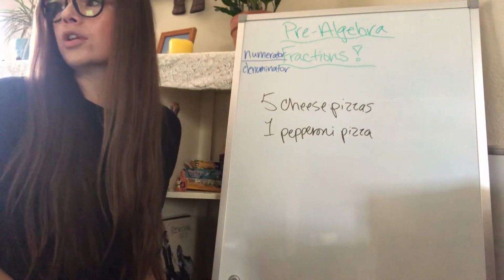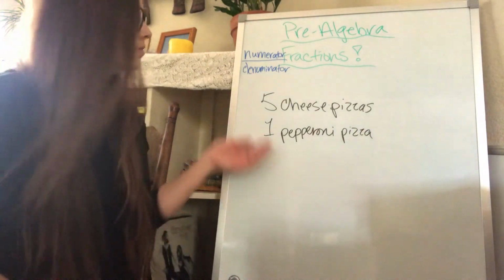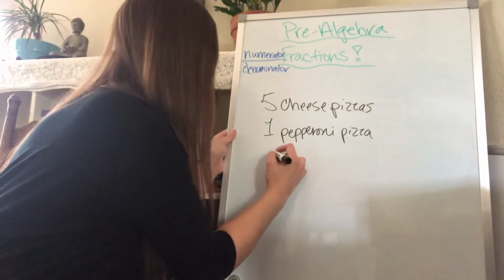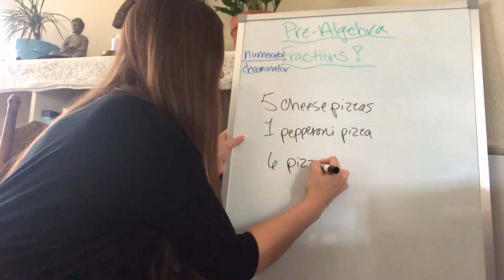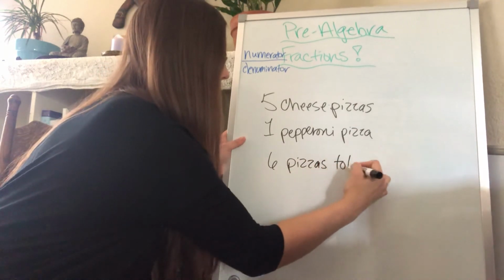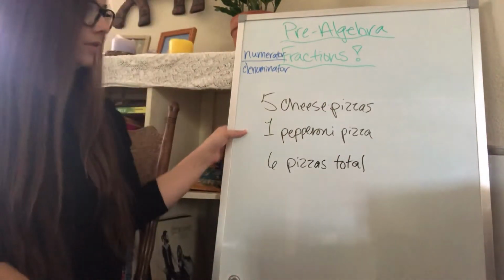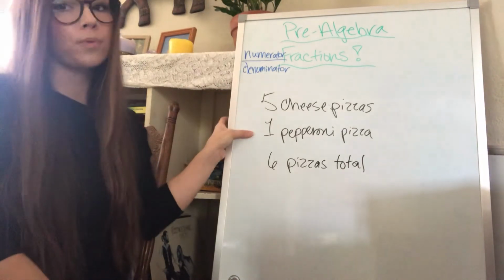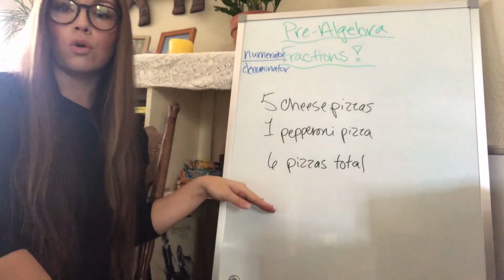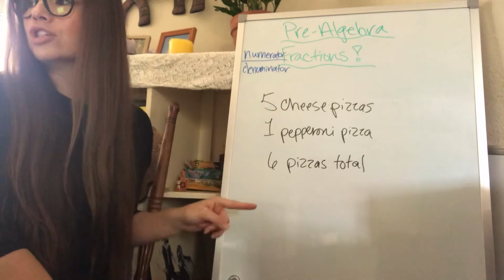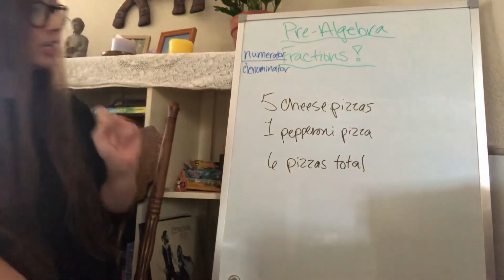So I ordered a total of 6 pizzas, 5 plus 1. Okay, so I ordered 5 cheese pizzas, 1 pepperoni pizza, so I have 6 pizzas total. The question is, what fraction of the pizzas are cheese?